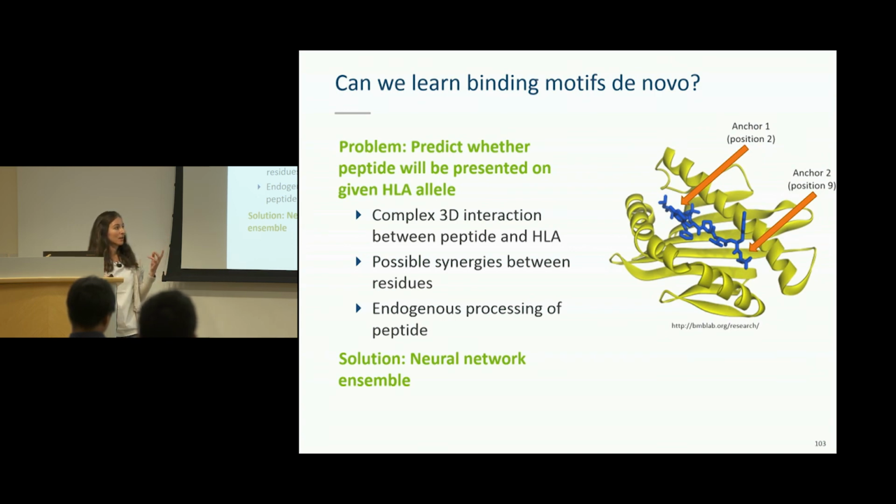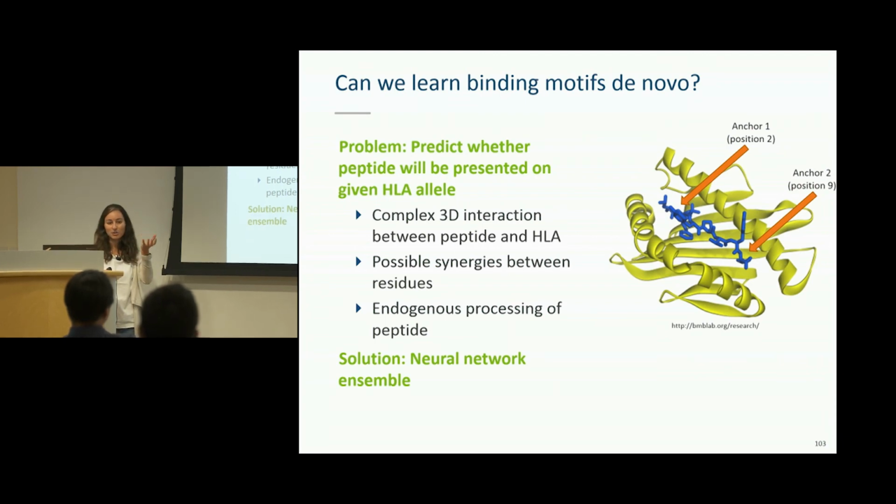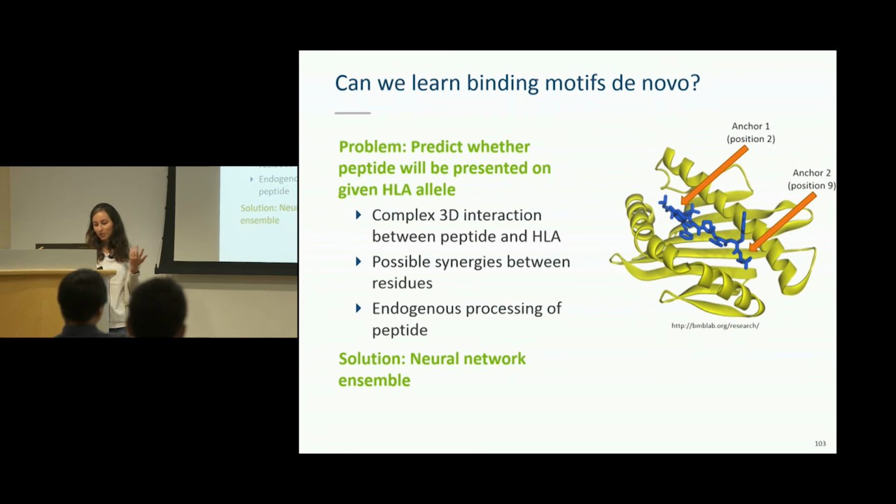And we also want to be able to consider the fact that there are possible synergies between different residues in the peptide sequence. And we also have seen how not only binding affinity, but also endogenous processing signals like expression and cleavability are important for observing the peptide as presented on the cell surface.